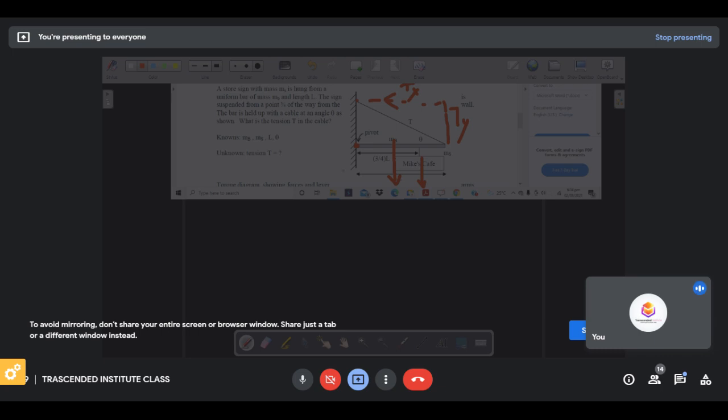The tension itself. I've already talked about the tension because I've resolved it into its x and y components. So the y and x components of the tension represent the tension itself, because remember, when you're dealing with forces, you need to resolve them into their x and y components. You get me?